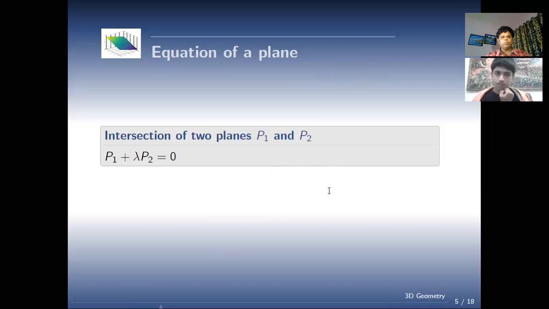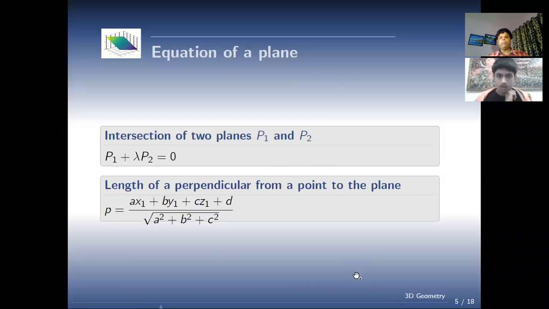Then let's go for the next idea, which is probably the last thing we'll do here in terms of revision: the length of a perpendicular from a point to the plane.